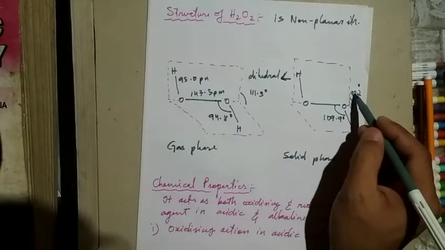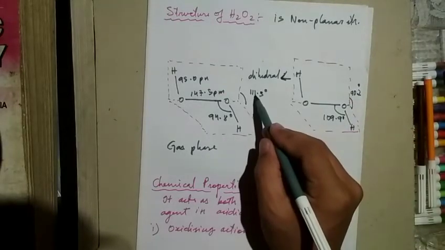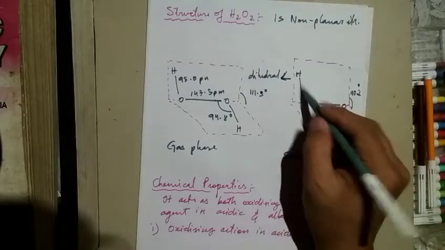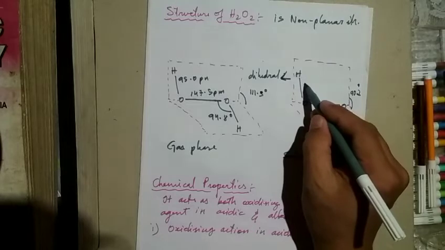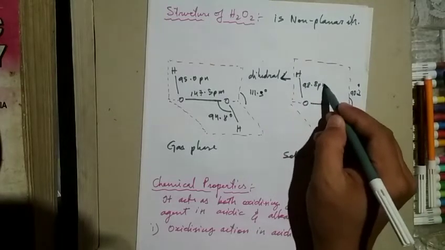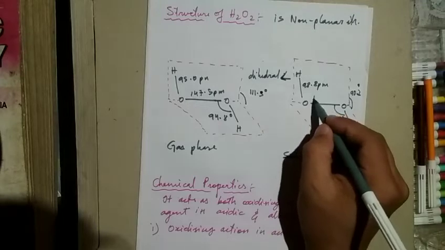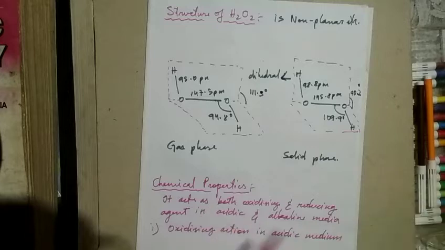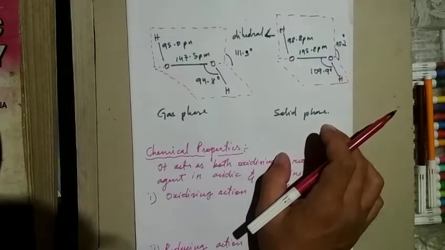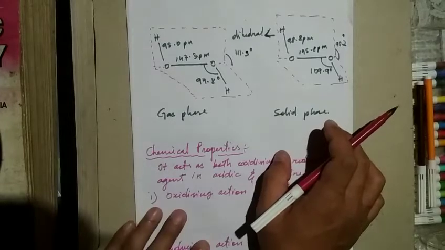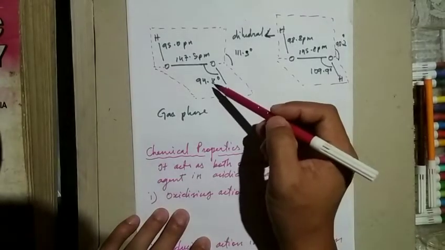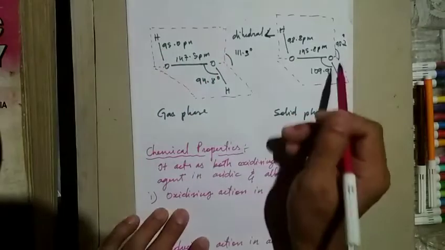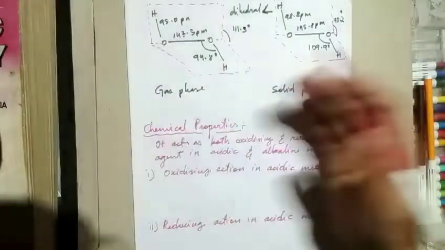So for solid it is about 90, and for gas 111.5. The bond length between hydrogen and oxygen is 98.8 picometer, and between oxygen and oxygen 145.8 picometer. So this is non-planar, since the OH bonds orient in different positions.